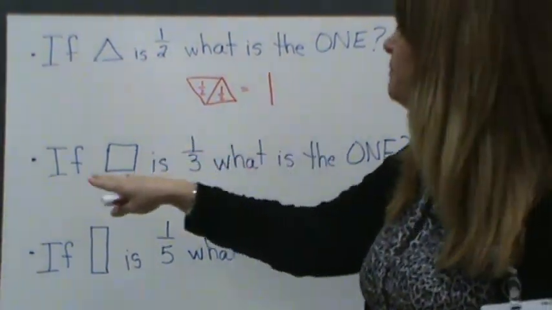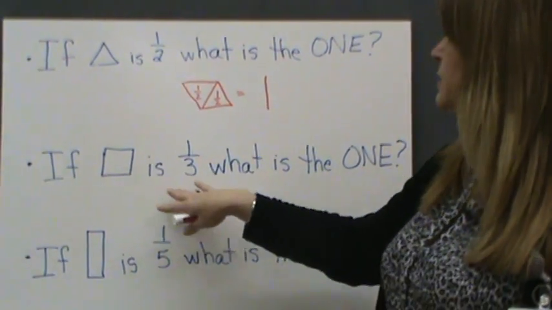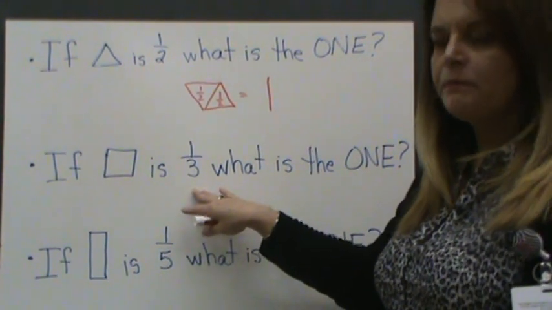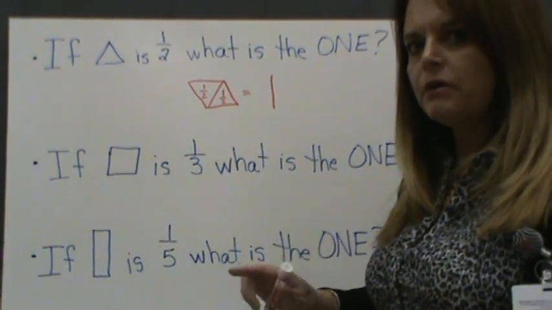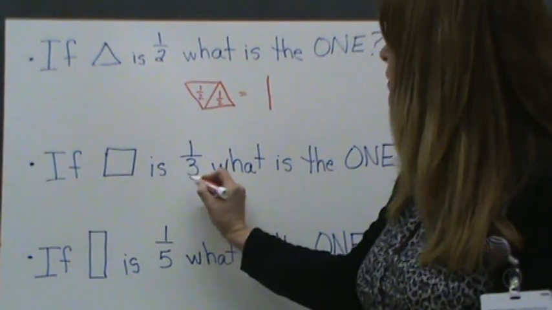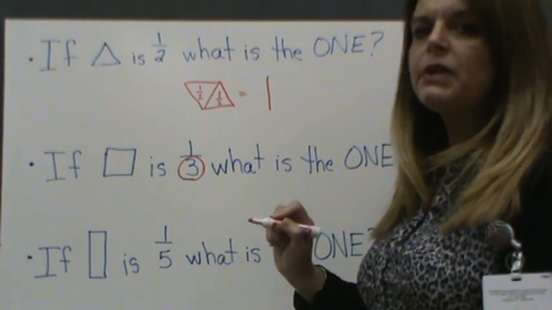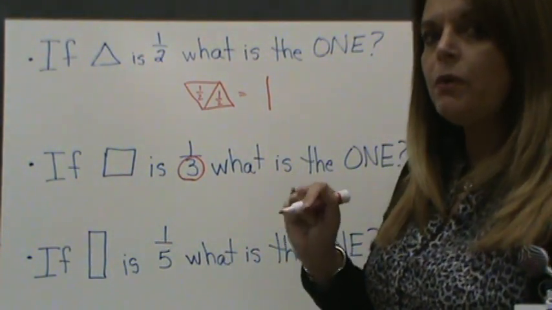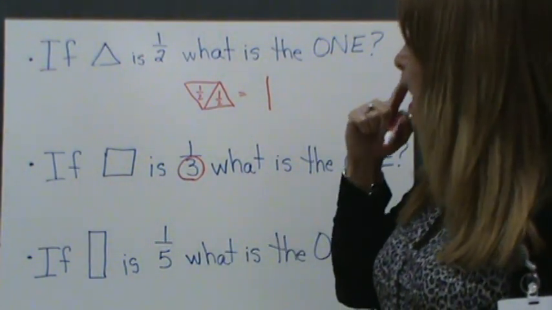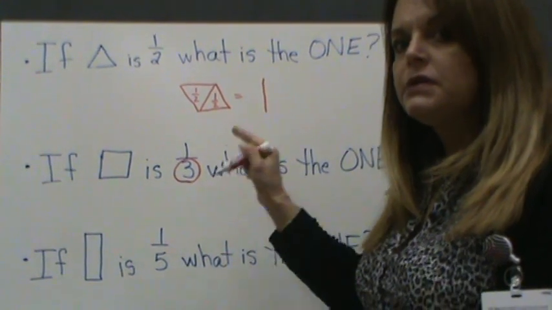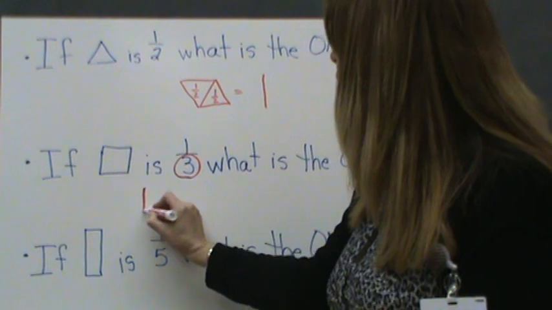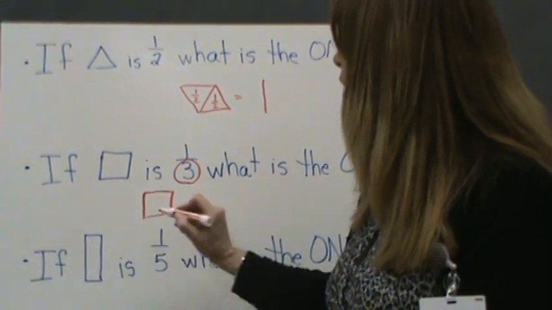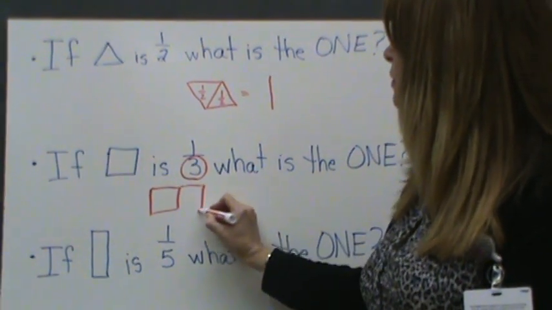Let's do another one. If this square is 1/3, what is the 1? Look at your denominator. What's the denominator? 3. So it tells me I need 3 equal pieces of the same size and the same shape to have one whole. So if I have this square, I need 2 more.